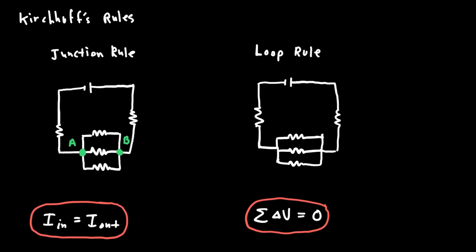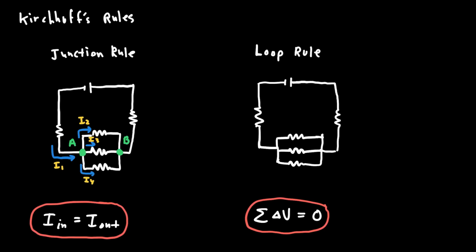What the junction rule says is that the currents going into the junction, so here going into point A would be this current, and then coming out of that junction I would have 1, 2, 3 currents. What Kirchhoff's junction rule says is that the amount of current that's going in, maybe I'll call that I1, is equal to the amount of current coming out, and maybe I'll call these I2, I3, and I4.